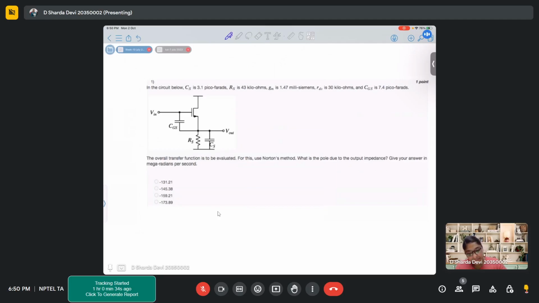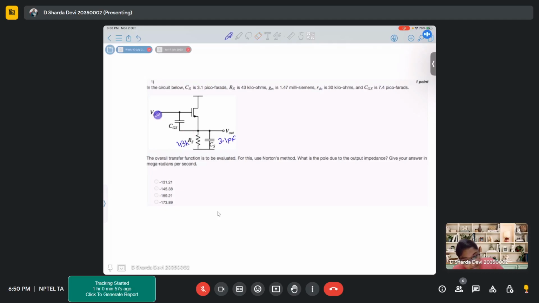So in this particular circuit, CS is 3.1 picofarad. RS is 43 kilo ohms.